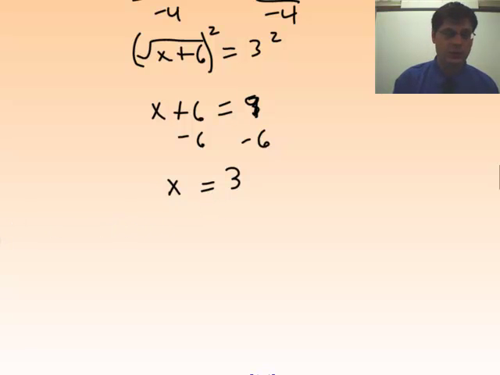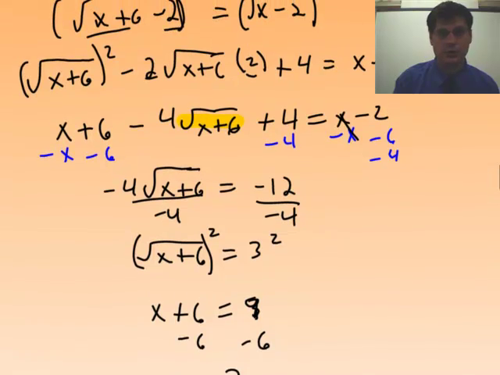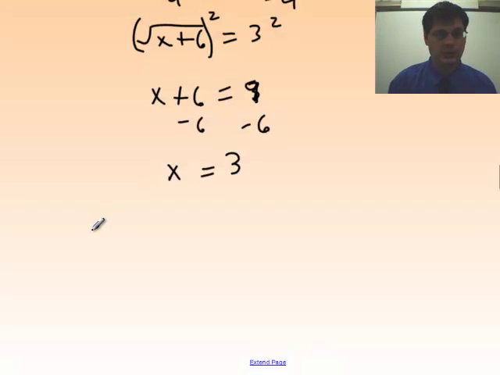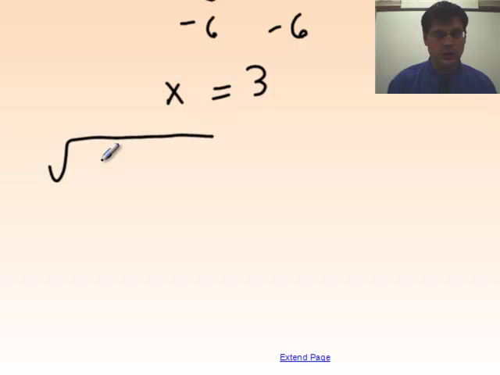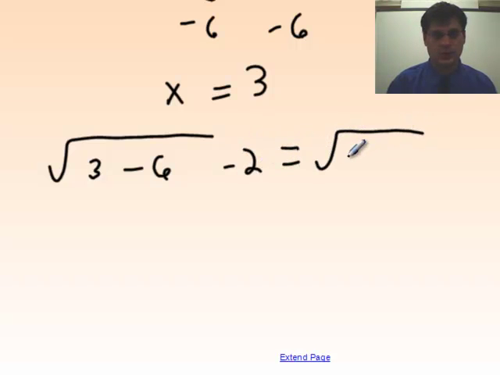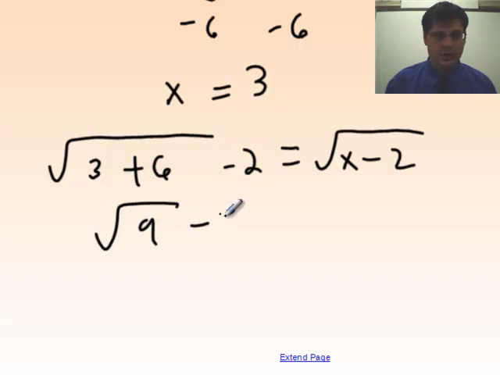So I'll substitute this back in to our original equation. So it'll be the square root of 3 plus 6 minus 2 equals the square root of x minus 2. So that'll be the square root of 9 minus 2.